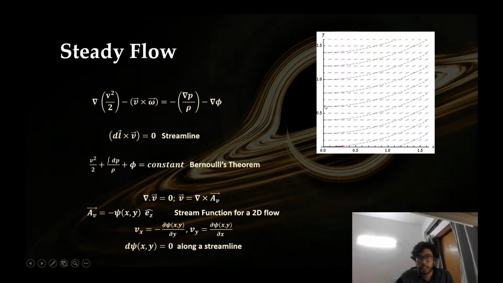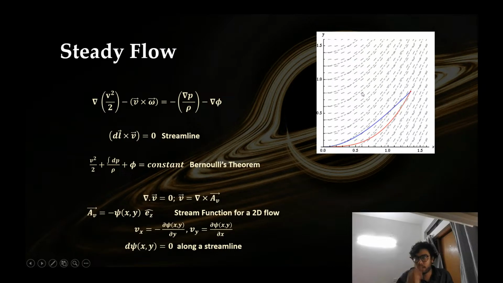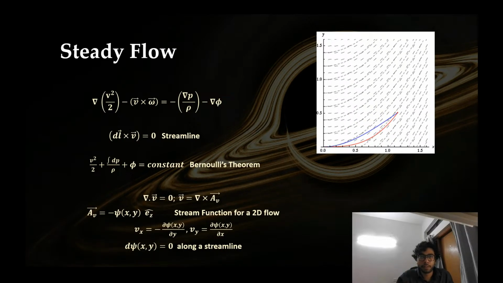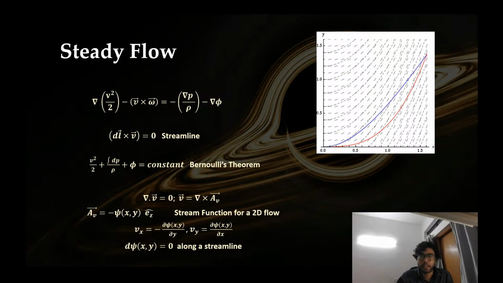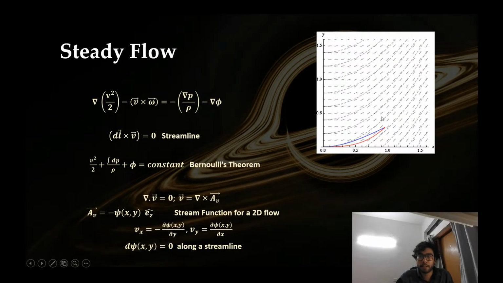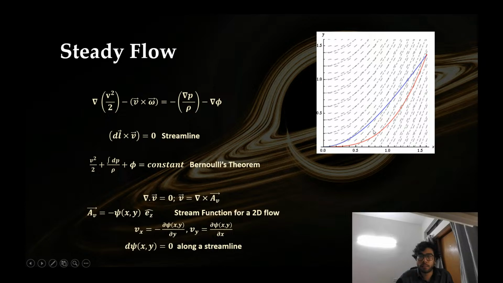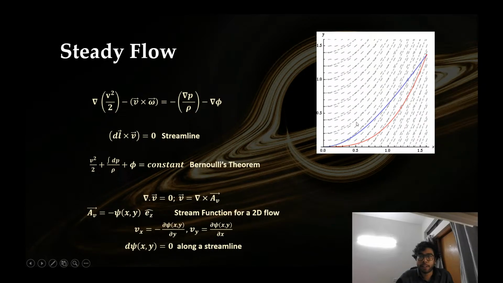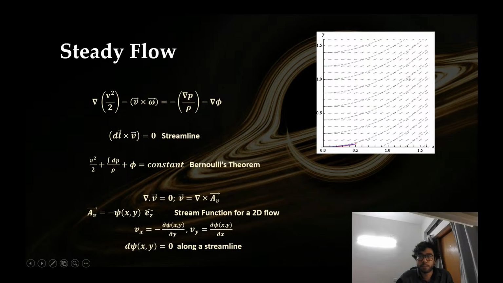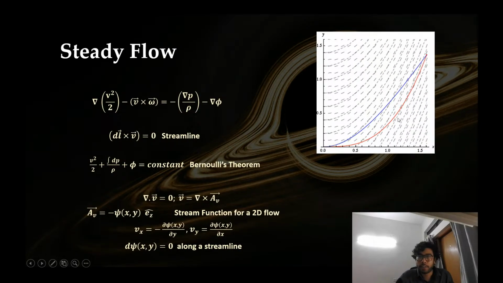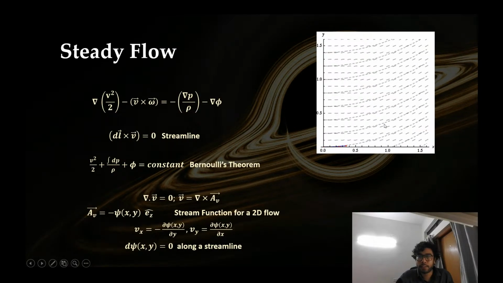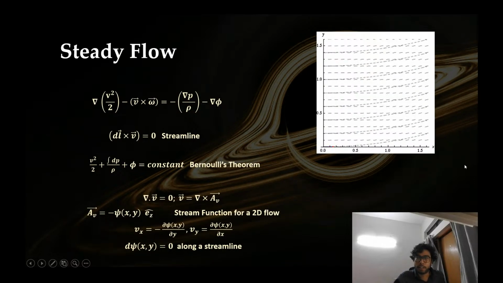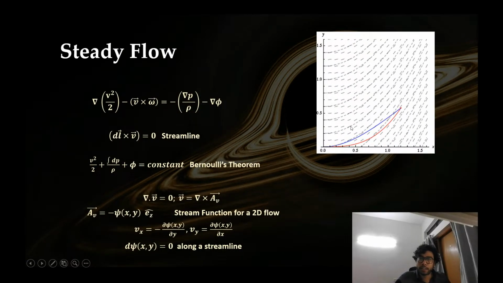On the other hand, the streamline is actually the most used concept out of the three. If you consider every point in the fluid that the particle moves through, and if you construct a tangent to the velocity field at that particular point, then what you will get is this streamline.